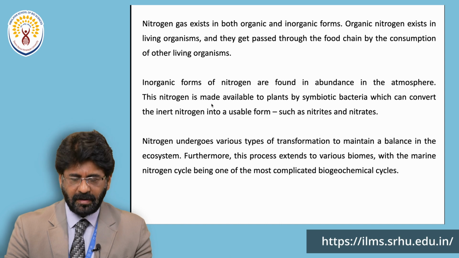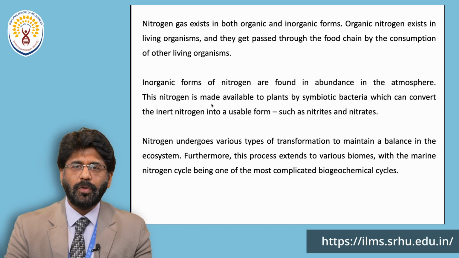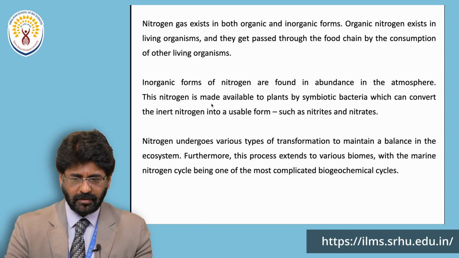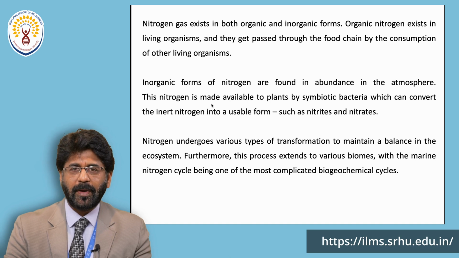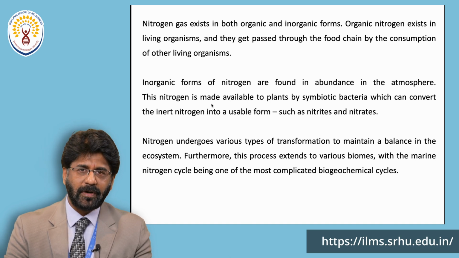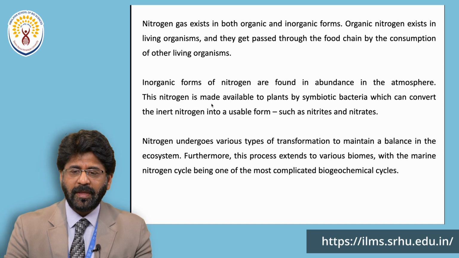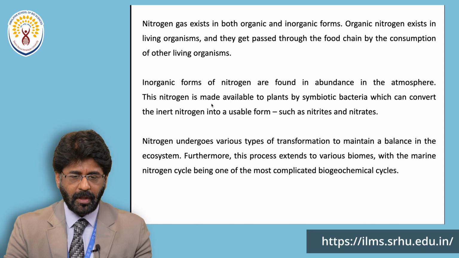Basically, a symbiotic relationship is when two parts of the ecosystem interact with each other and both get benefits. So these types of bacteria convert the inert nitrogen into the active, usable form.